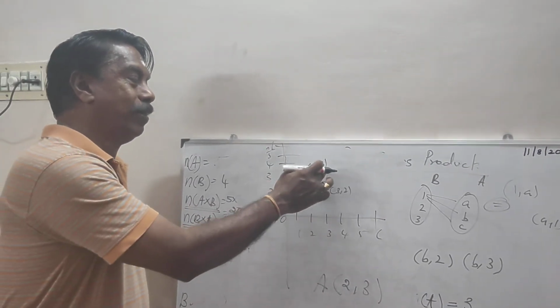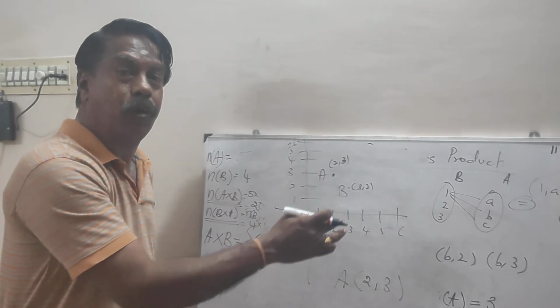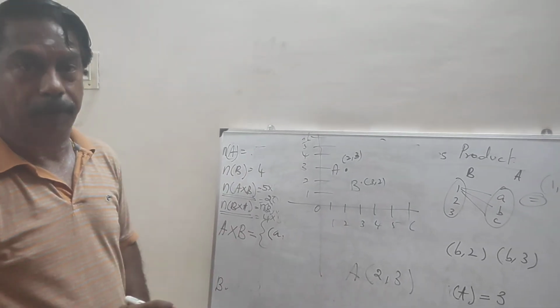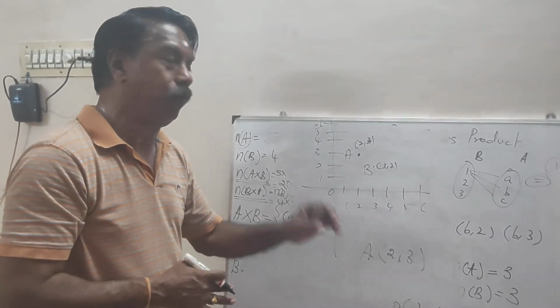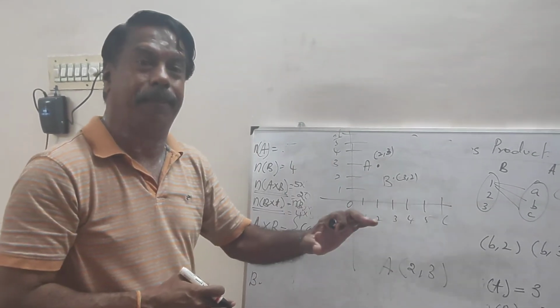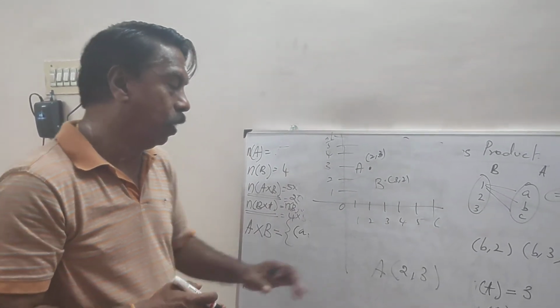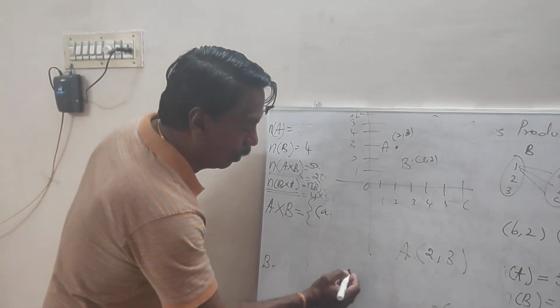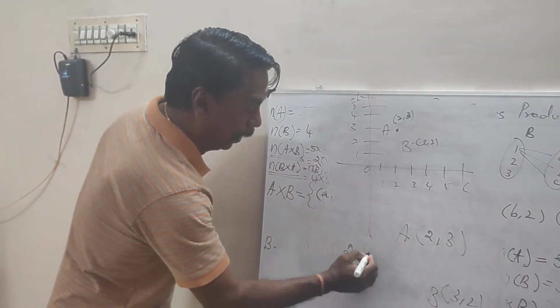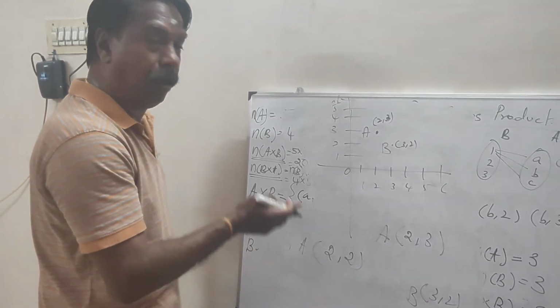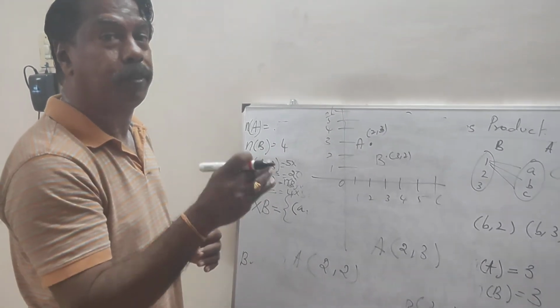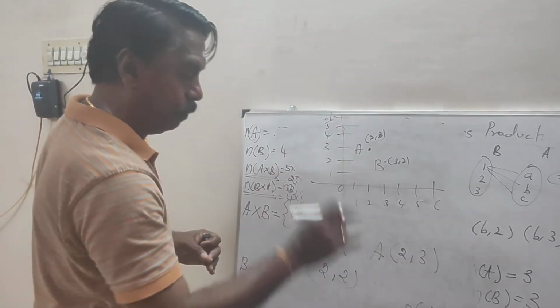Therefore, 2 comma 3 and 3 comma 2 are never going to be equal. Is there any possibility for two points to represent the same position? Yes, when both the values are the same. Suppose A is 2 comma 2 and B is also 2 comma 2, then both define the same position.